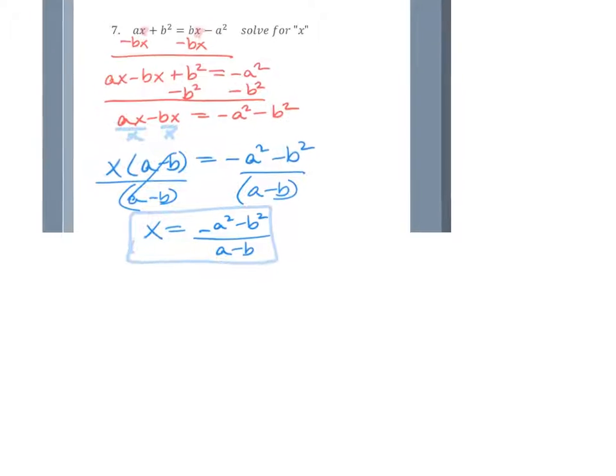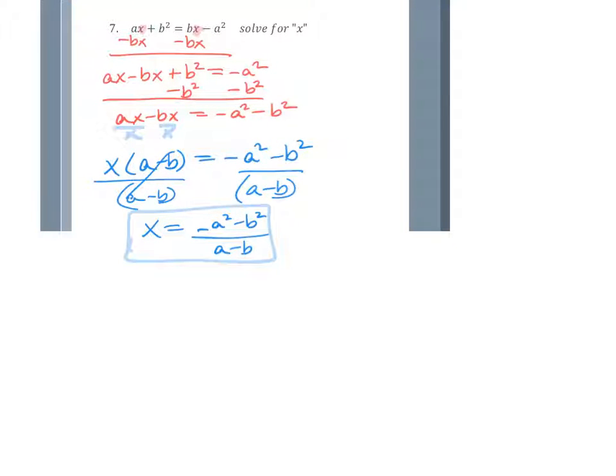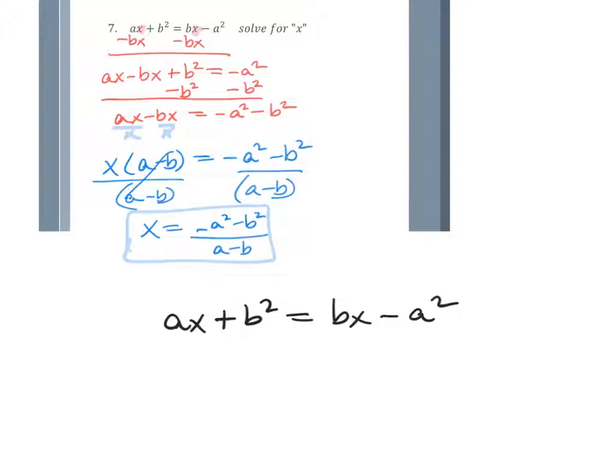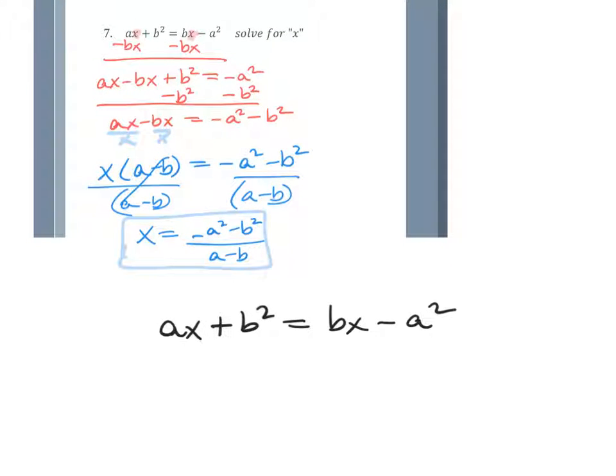So same problem. Ax plus b squared equals bx minus a squared. So instead of me moving the variables over to the left, I'm going to move it to the right.